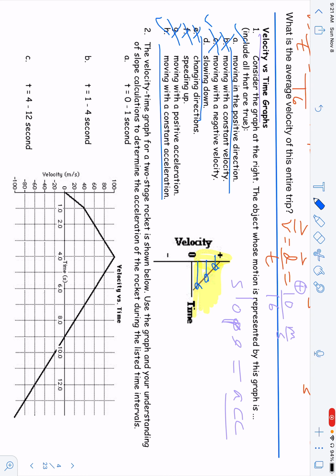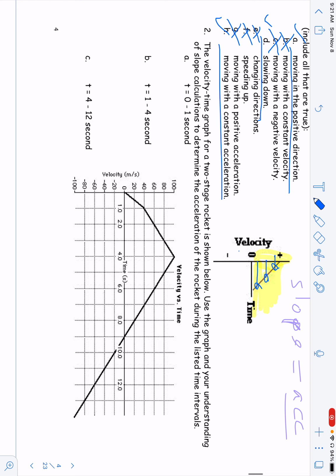Okay, here we have another velocity versus time graph. Determine the acceleration of the rocket during the listed time intervals. You just find the slopes, because on a v versus t graph, slope is equal to the acceleration.